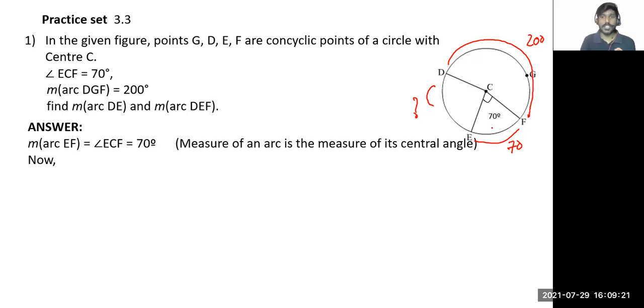You're missing one very important point. Linear pair will not come in circles. What is the measure of a complete circle? 360 degrees. So 360 minus 200 minus 70. Yes, correct. Or first you add to get 270 and then subtract it from 360. That you can also do.